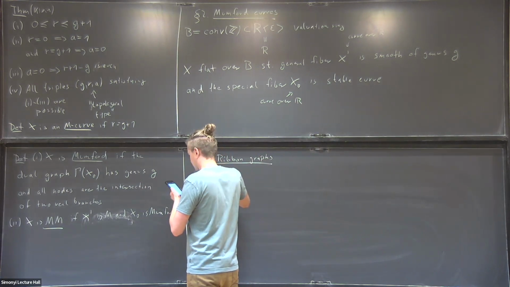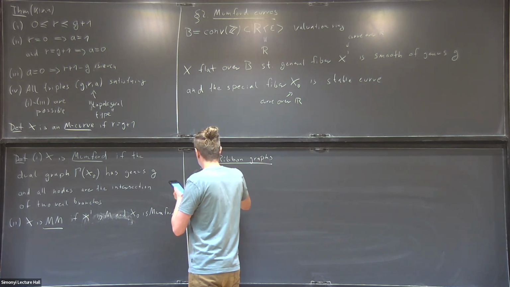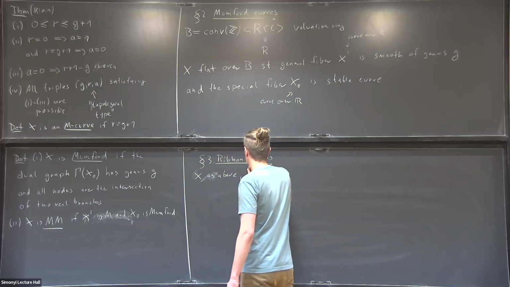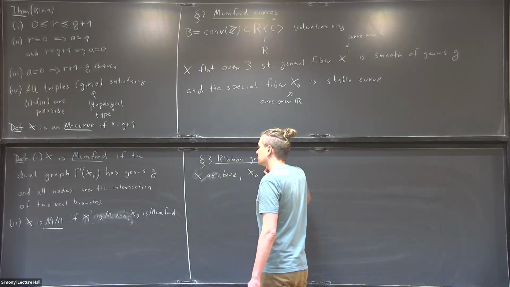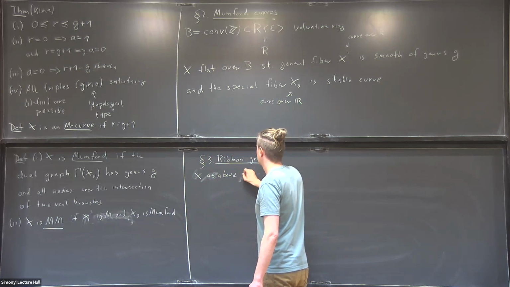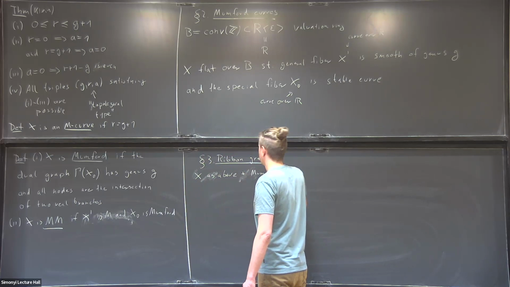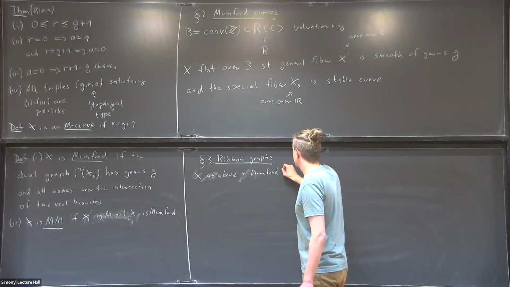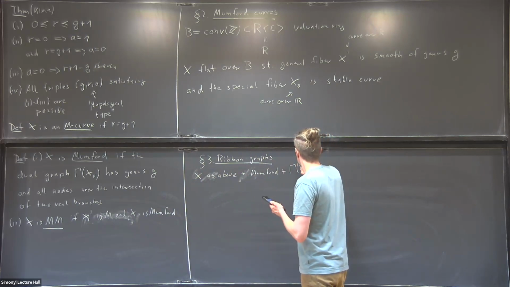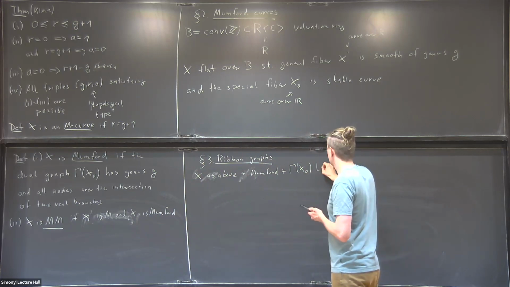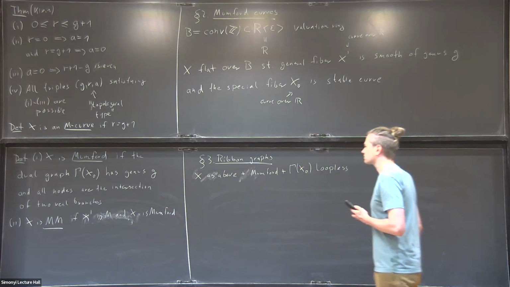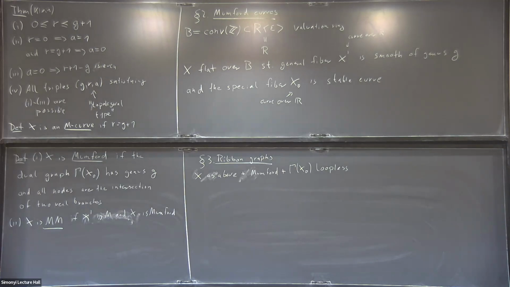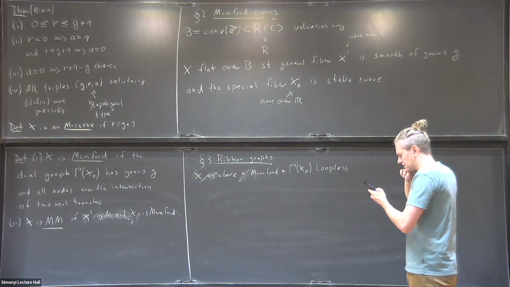From now on, X0 should be Mumford, and I assume that this graph has no loops. Although this would be an interesting setup, we don't have the results for this.